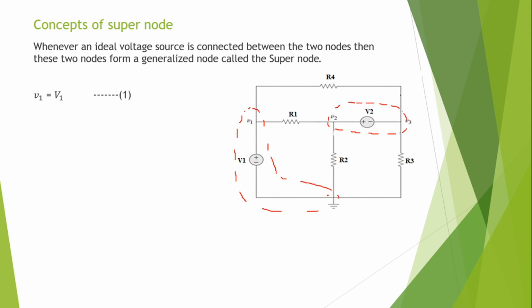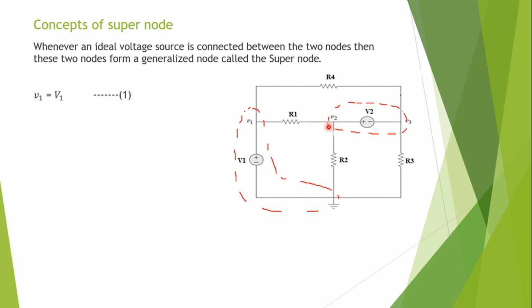The lower potential is connected to ground. So V1 positive side minus 0 equals the source voltage. So V1 minus 0 equals capital V1, the source voltage.